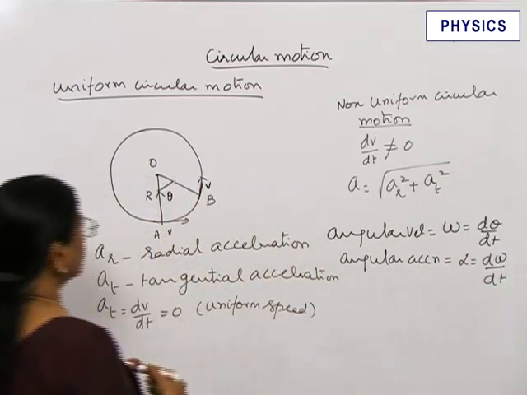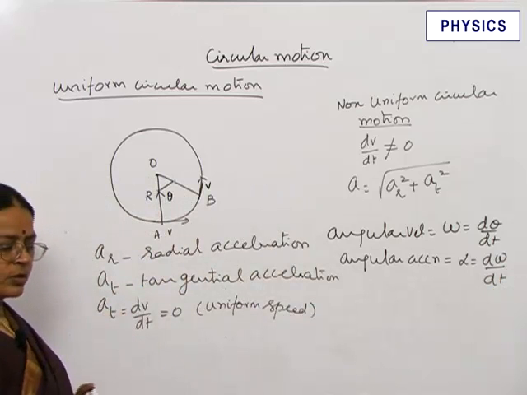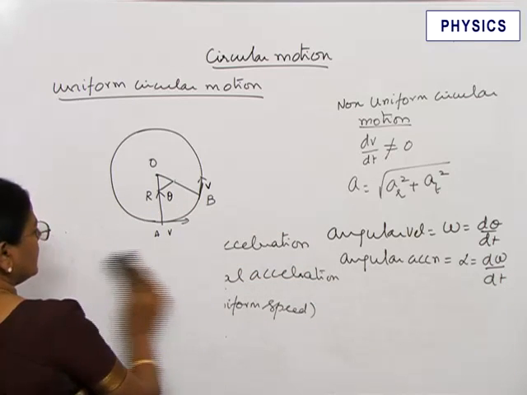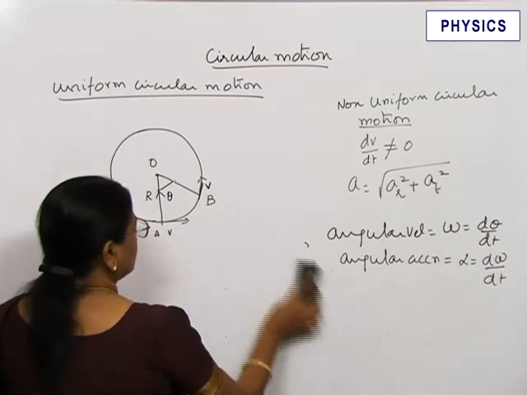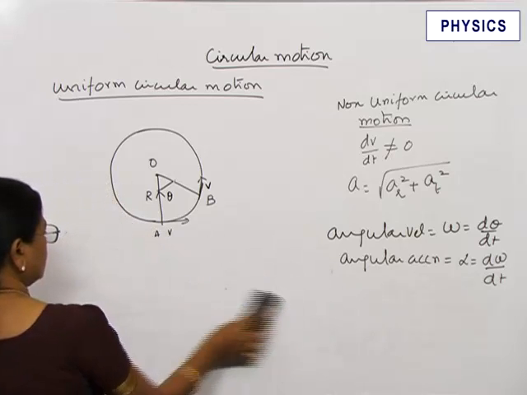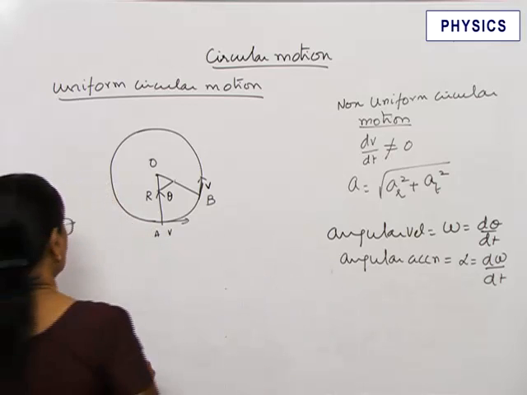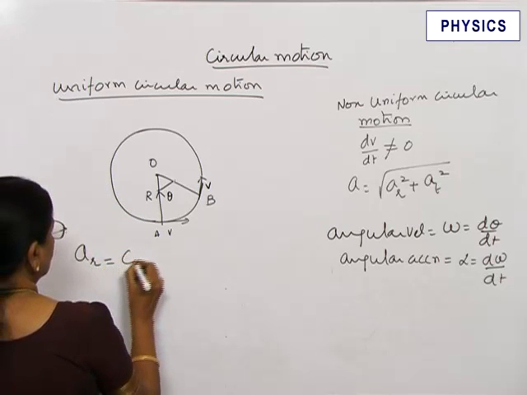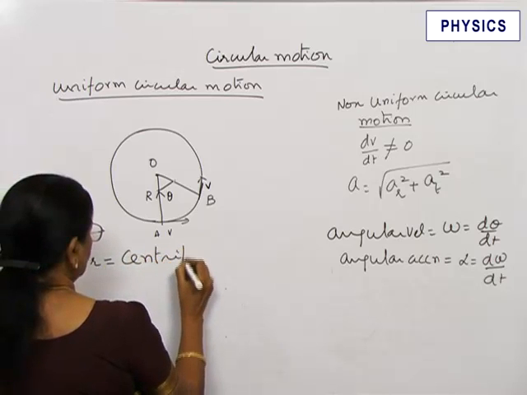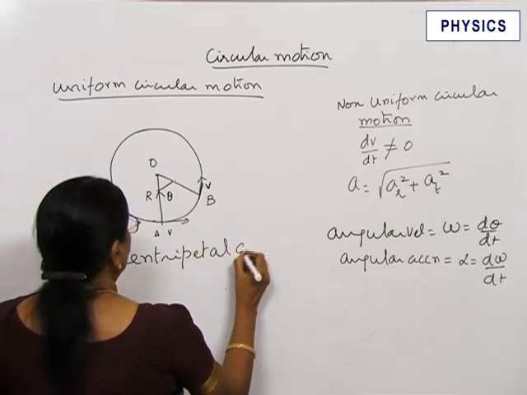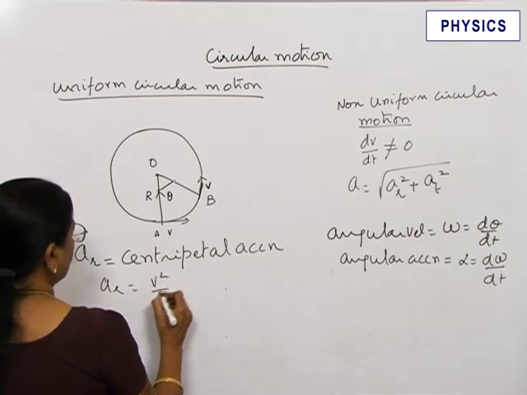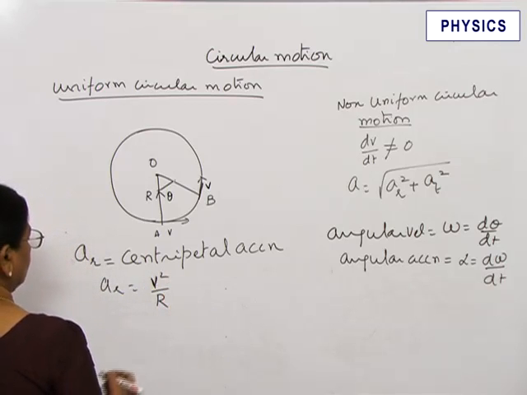So what is uniform circular motion? In uniform circular motion, a body describes a circle with uniform speed. There is no tangential acceleration, there is only a radial acceleration. What is this radial acceleration? The radial acceleration, otherwise called centripetal acceleration, is given by v squared by r, where v is the speed and r is the radius of the circle.